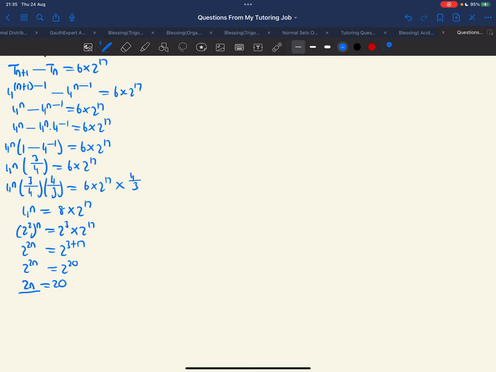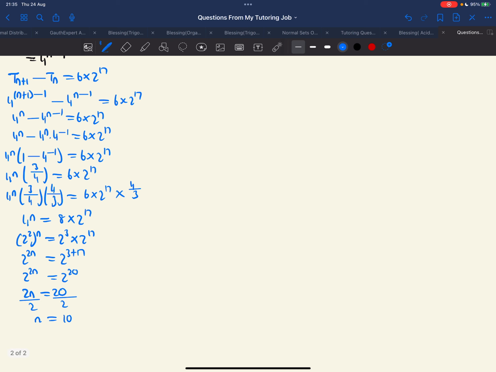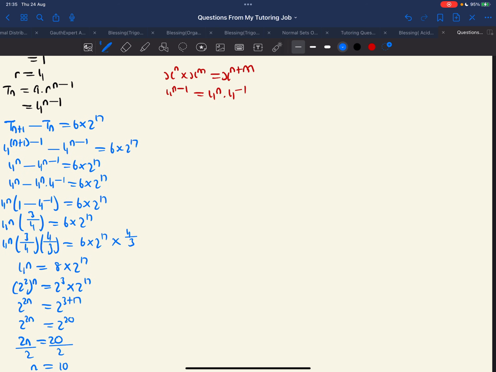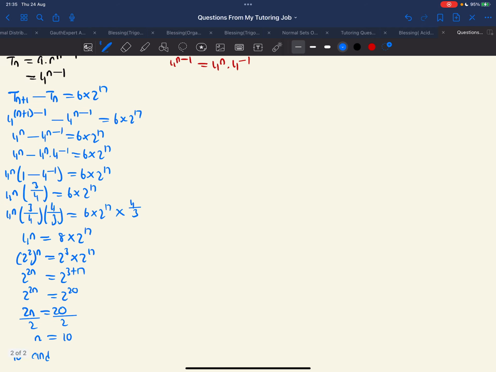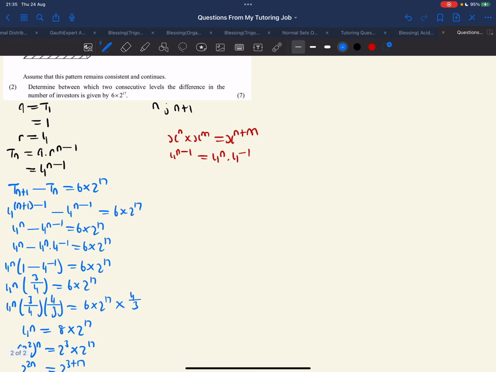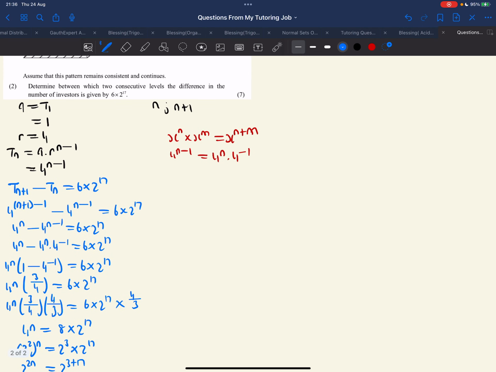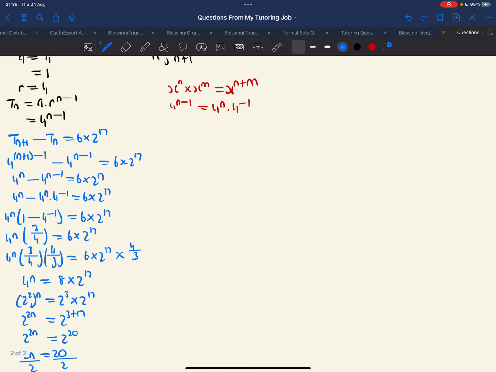Then divide both sides by 2, and n is going to be 10. Now, we found out that our n is 10. The consecutive levels are going to be between 10 and n plus 1, which is going to be 11.